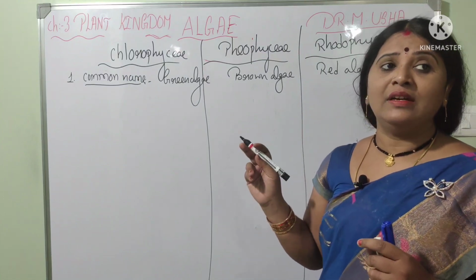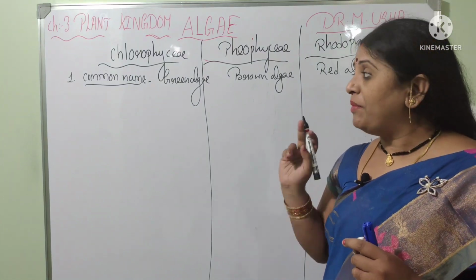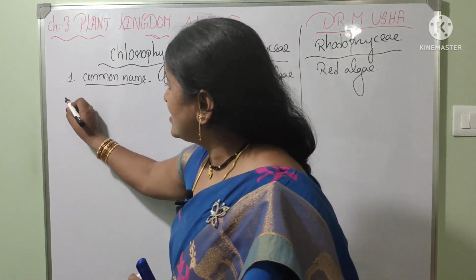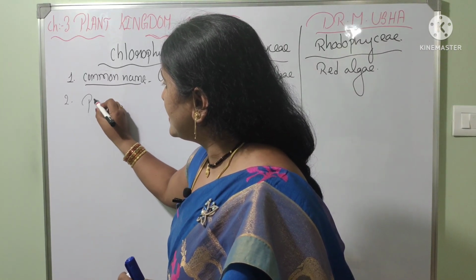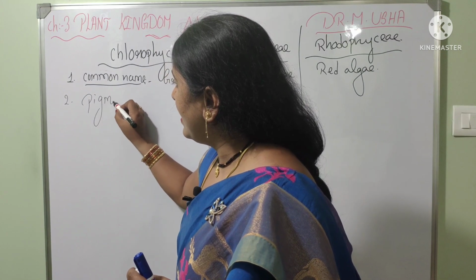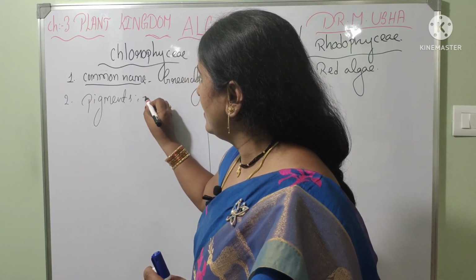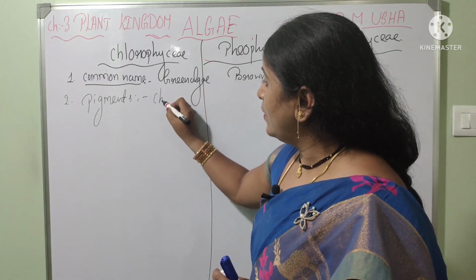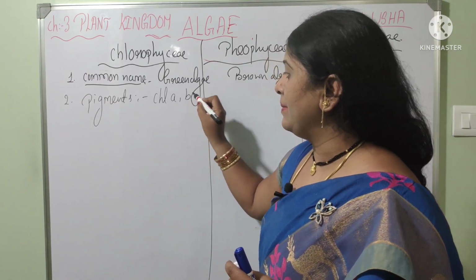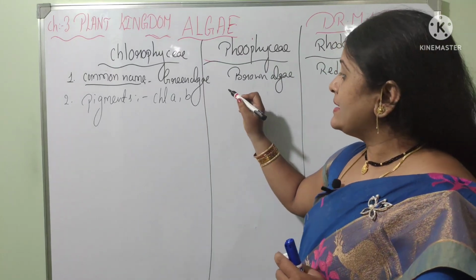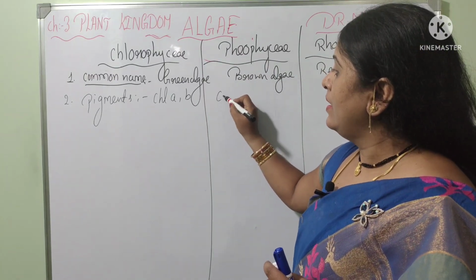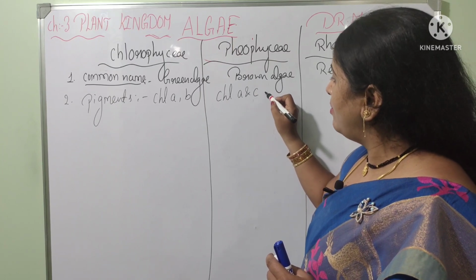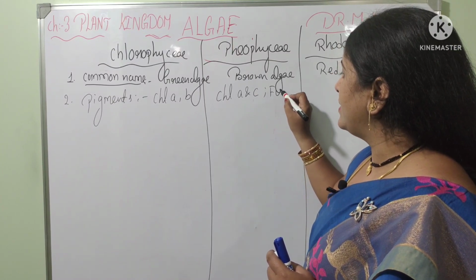Now, after knowing the common names of these algae, we need to understand the next step, the pigments. In chlorophyceae, the pigments are chlorophyll a and b. Whereas in phaeophyceae, chlorophyll a and c followed by fucoxanthin.